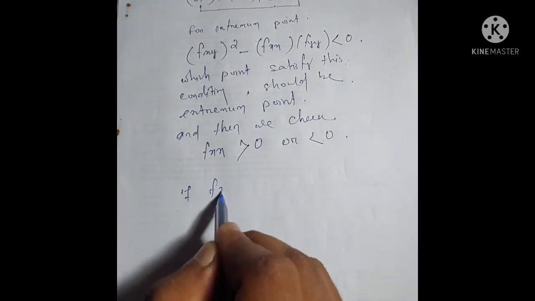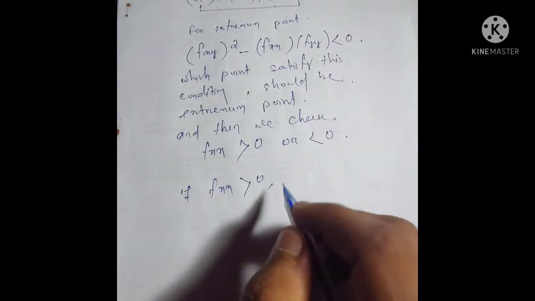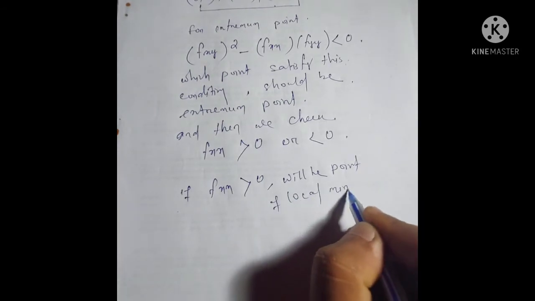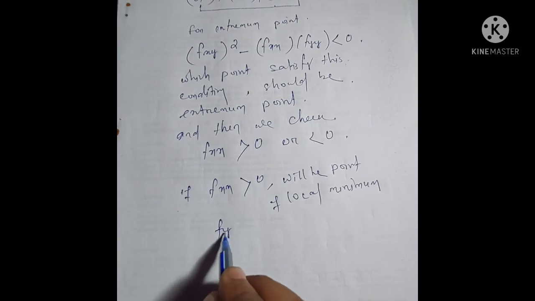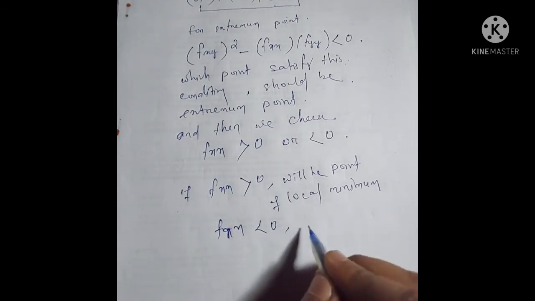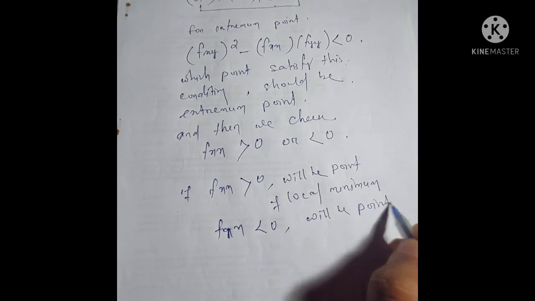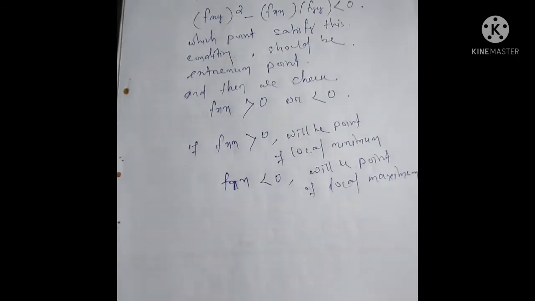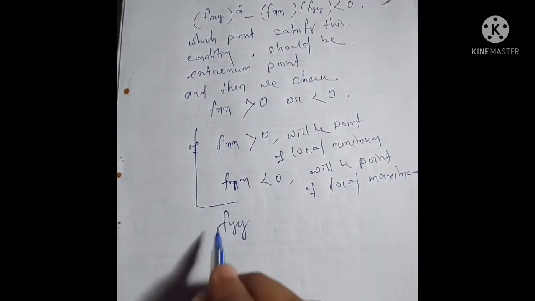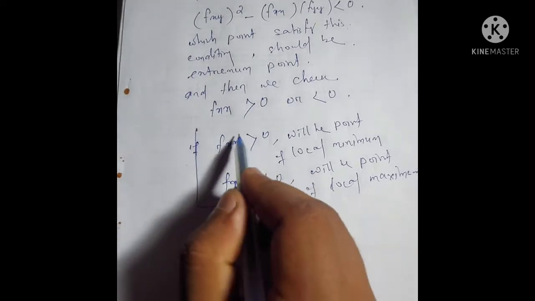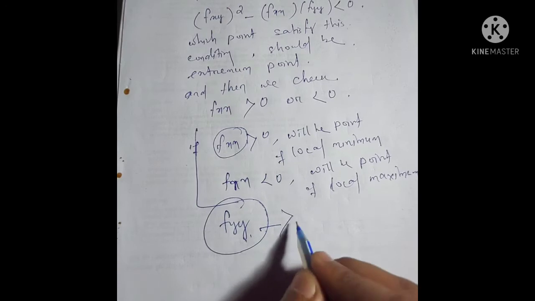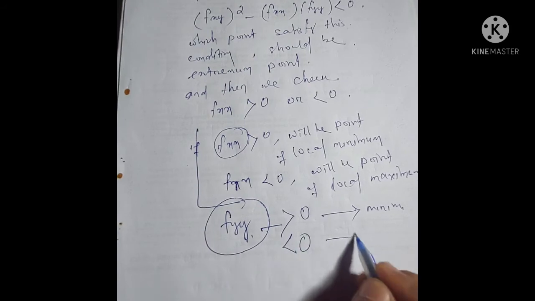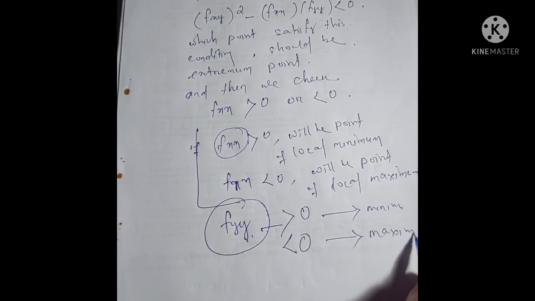If f xx is greater than 0, then this extremum point will be a point of local minimum, and if f xx is less than 0, then this extremum point will be a point of local maximum. We can also check this with f yy, and it is the same as for f xx. If f yy at this point is greater than 0, then it is a point of local minimum, and if f yy at that point is less than 0, then it is a point of maximum.